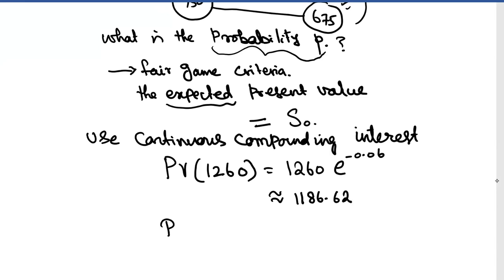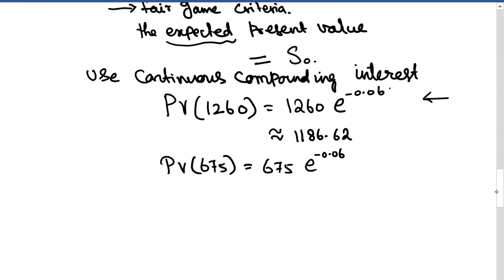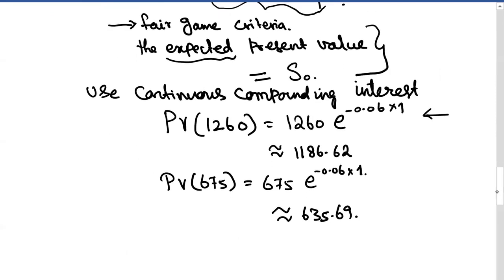And similarly, the present value of 675 is given by 675 into e to the power of minus 0.06. There is a t, and t is taken to be 1 year, as I told previously. Therefore, we take this to be into 1. That is approximately equal to 635.69.